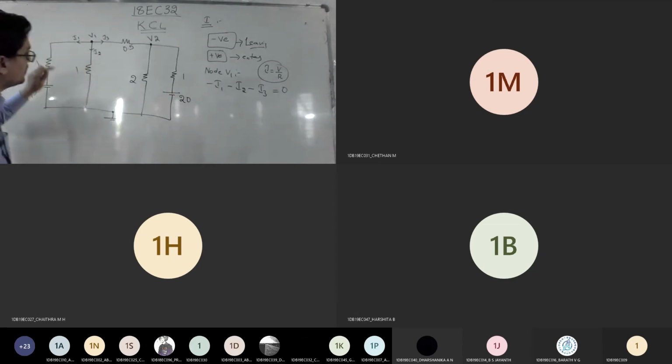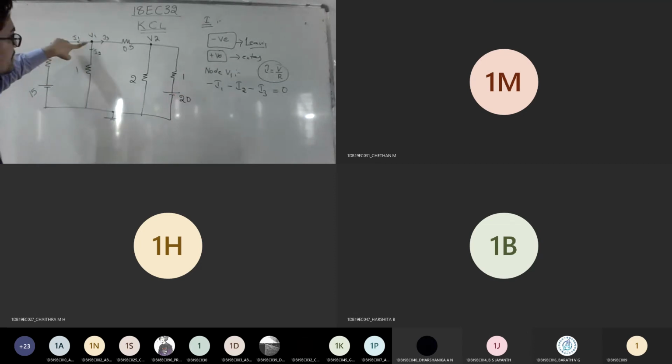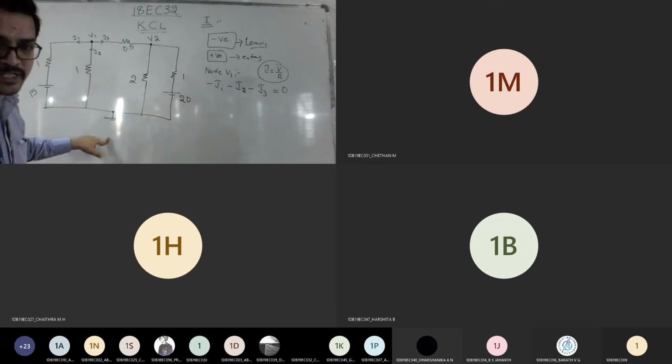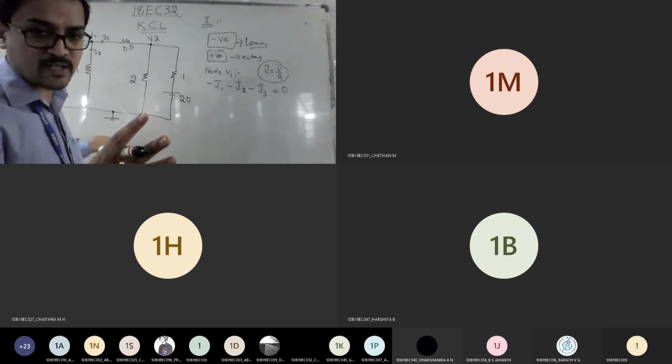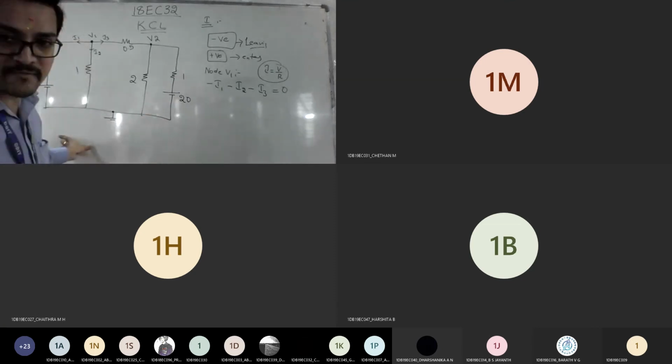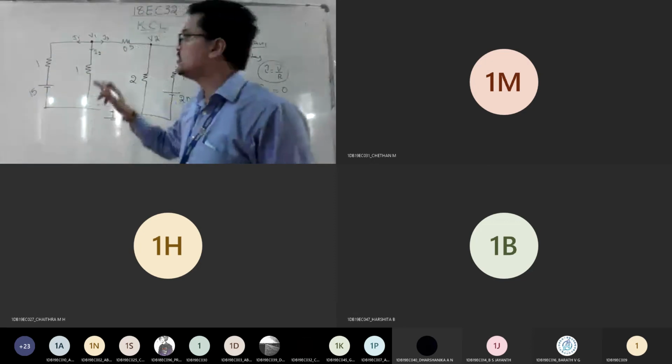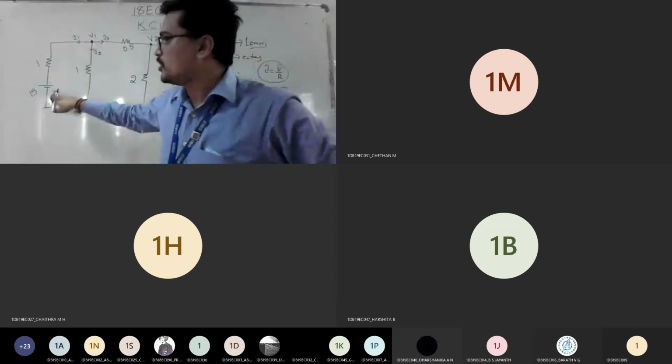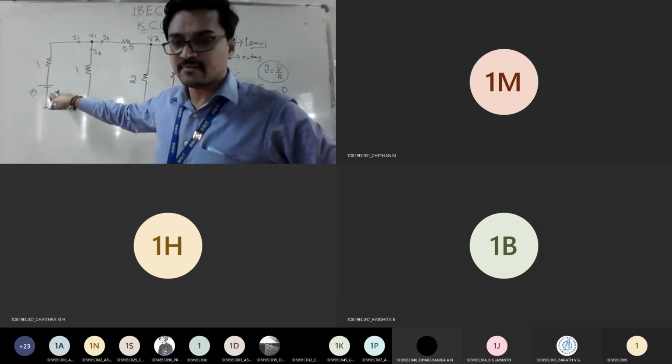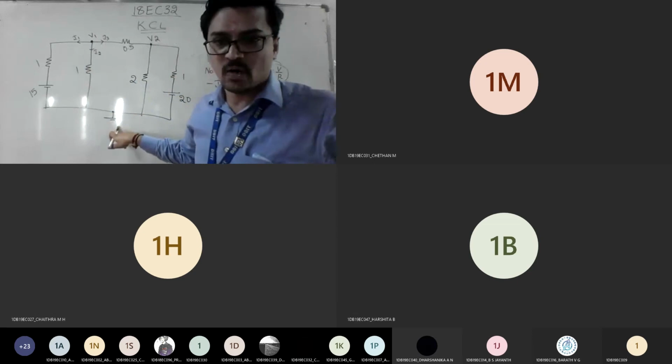Now look at the things carefully here. I1 is between node 1, the 15 volt and your reference voltage. So totally there are 3 voltages across I1. Agree everyone first of all with the first point? So you have V1 voltage, you have 15 volt, then you have 0 voltage.